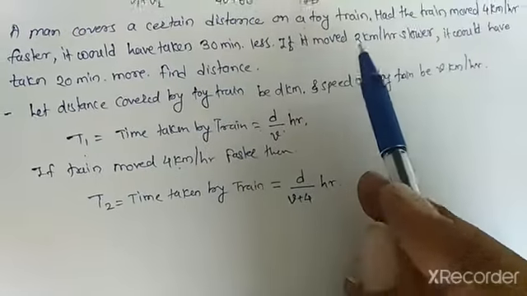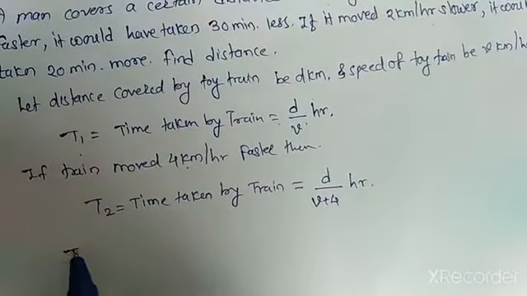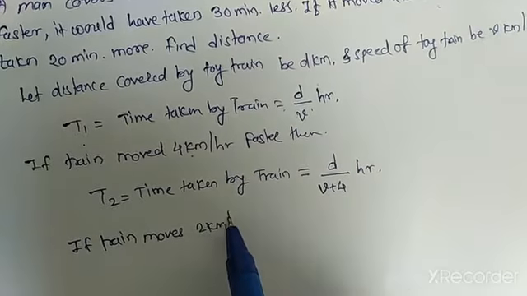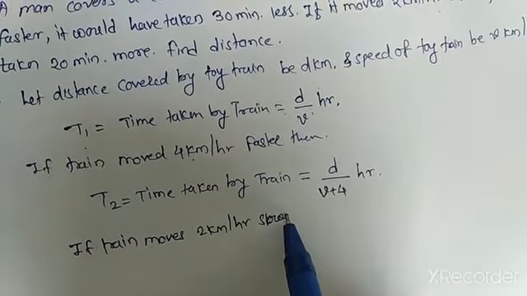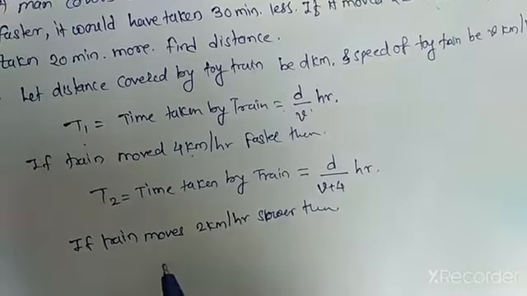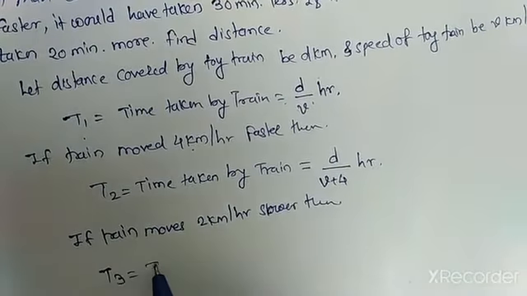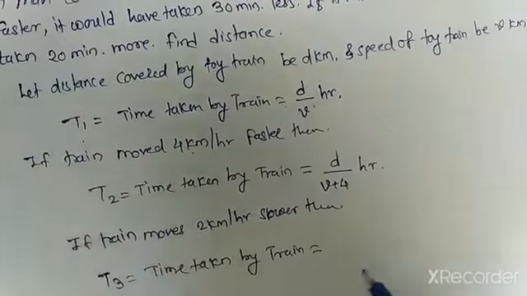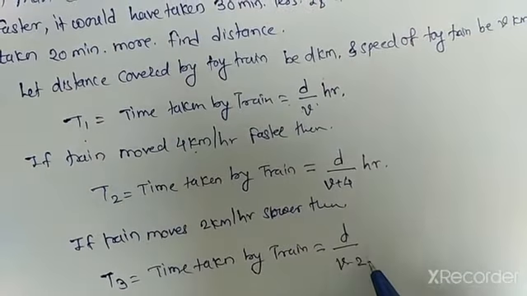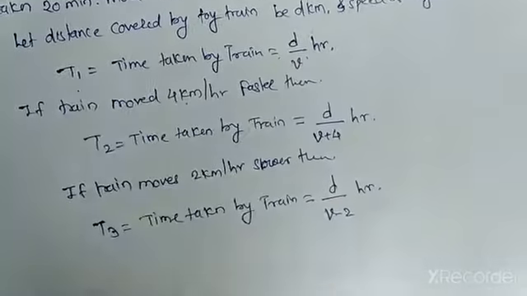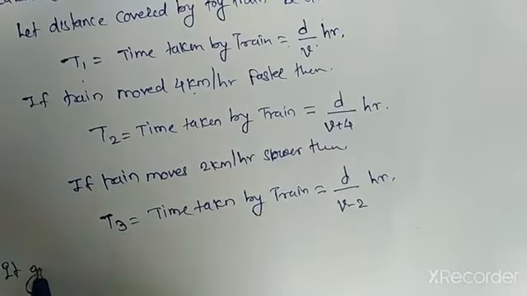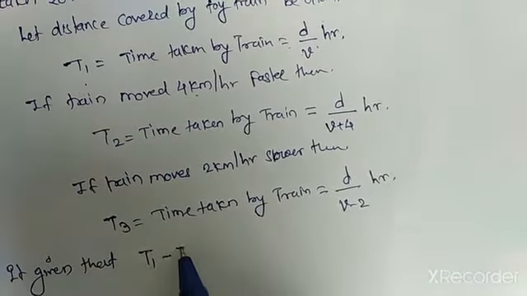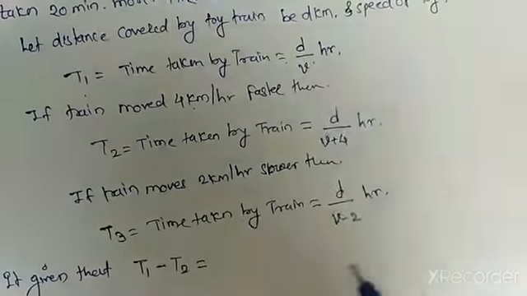Similarly, if the train moves 2 km/h slower, then t3, the time taken by the train, is equal to d upon v minus 2 hours. So it is given that t1 minus t2 is equal to 30 upon 60 hours.